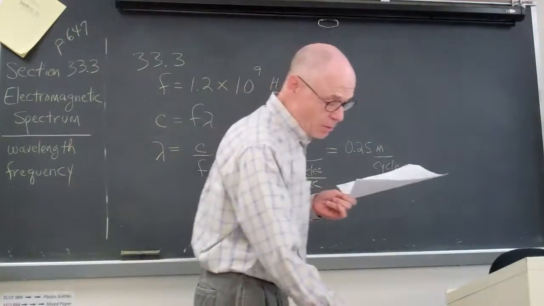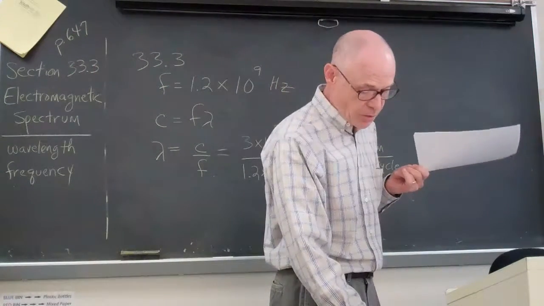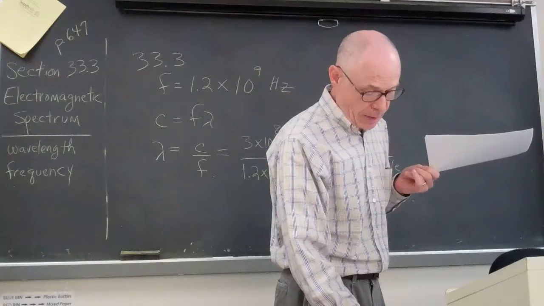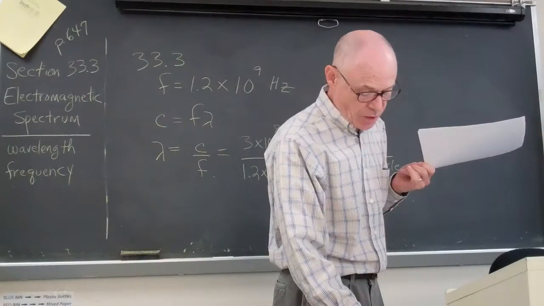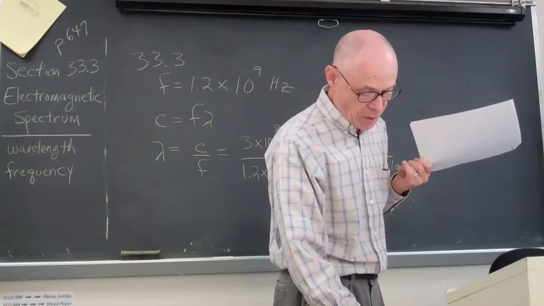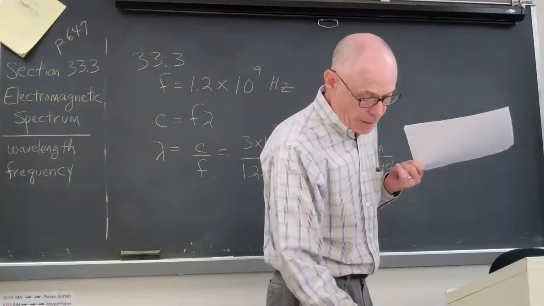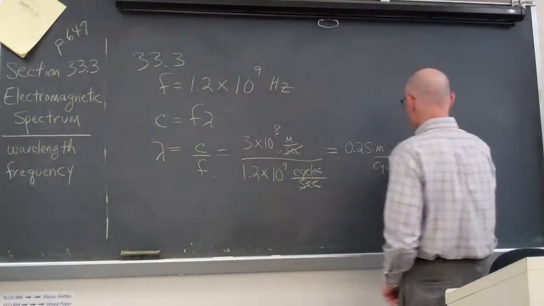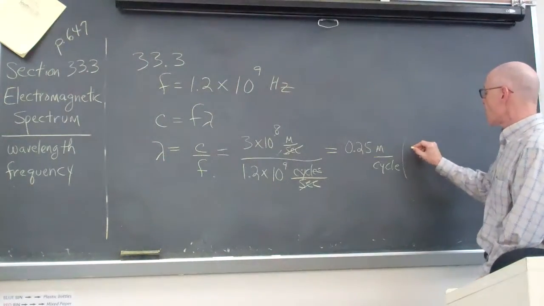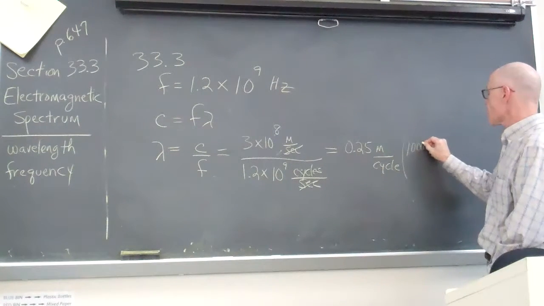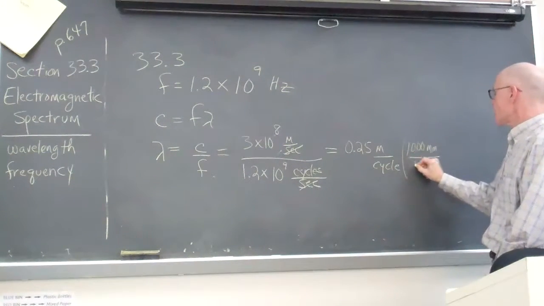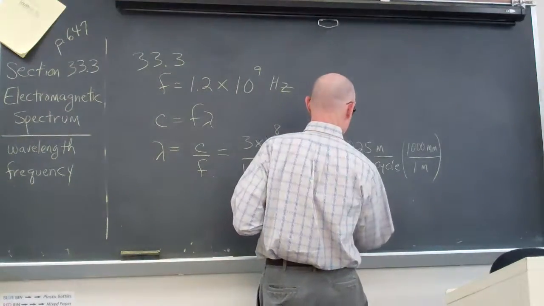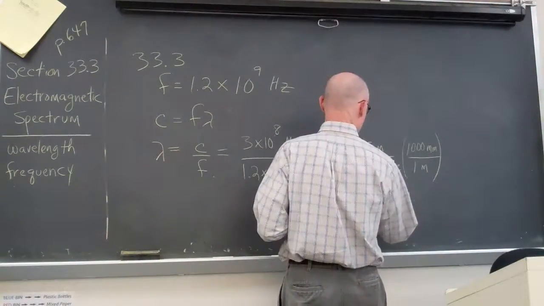You'll notice that in the problem statement, the author didn't ask for specific units, but they decided to express the answer as 250 millimeters. It was a choice. There are 1,000 millimeters in every 1 meter, and that will give you 250 millimeters.